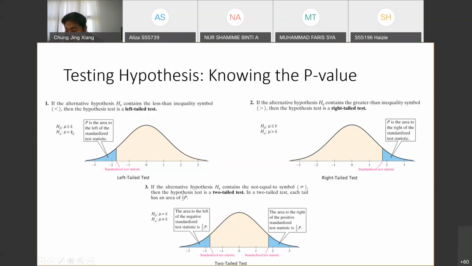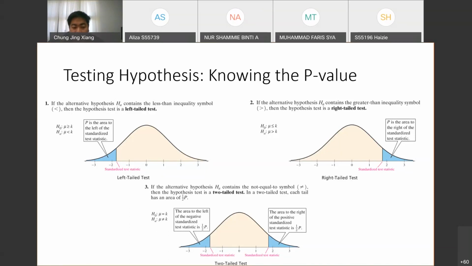If you don't remember, you just look at this symbol. If your alternative hypothesis HA is going to the left, you are doing a left tail test. If your alternative hypothesis is going to the right, meaning the mean is more than K, you go to the right tail test.